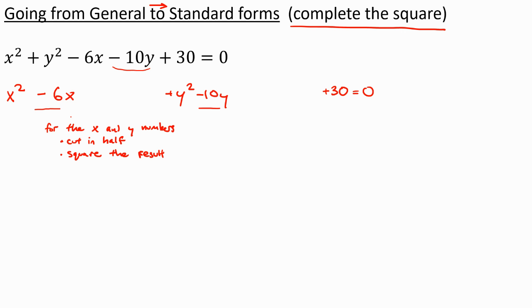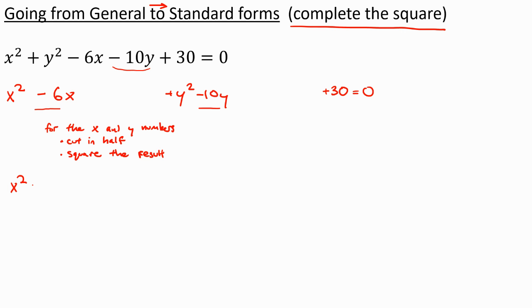So I'm going to examine my -6 and my -10. And individually, we're going to cut those in half, meaning divide in half, and then square the result. So -6 divided by 2, cut in half. What is that? -6 divided by 2 is -3. Square -3 for me. What is that? -3 times -3 is +9.